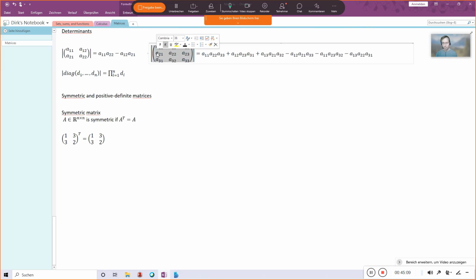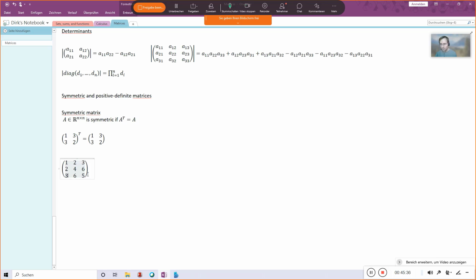Maybe let's do one more so that you see that also for 3 by 3 matrices. If we have something like this, this needs to be the same already. On the diagonal we can have whatever we want, but if we, for example, here have a 6, then we need a 6 here as well, and this will be put here.